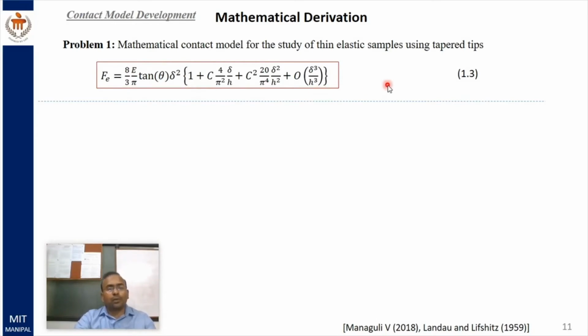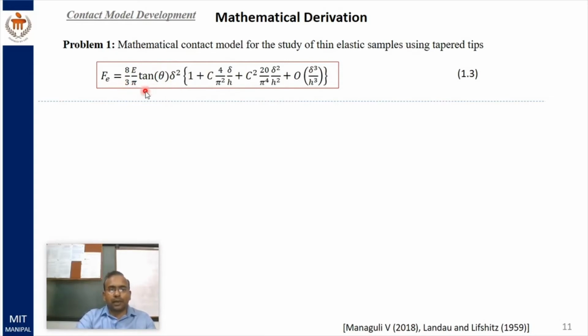Just to add one point, why we selected the tapered tip: the tapered tip, like the conical tip or pyramidal tip, is what we use mostly for force map studies, and this bottom substrate effect becomes prominent, a big problem or source of error in such studies. So it is important to correct that error. That's the reason we selected the development of a mathematical model for tapered tips.